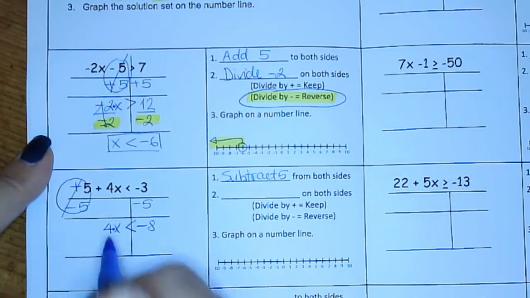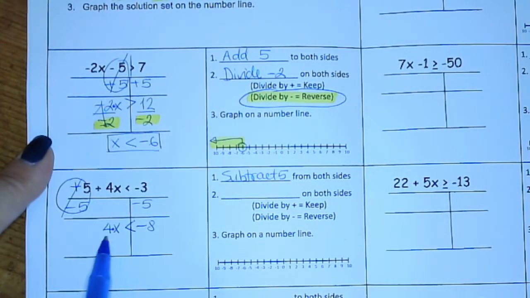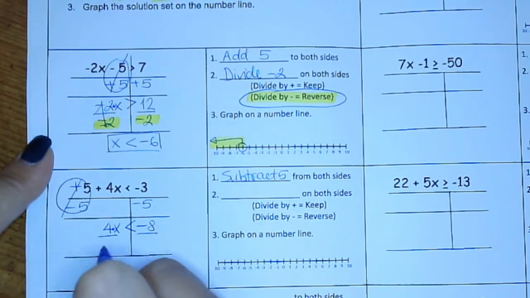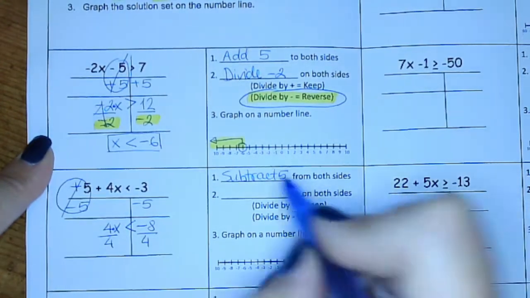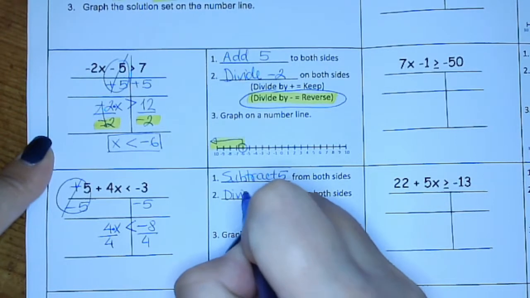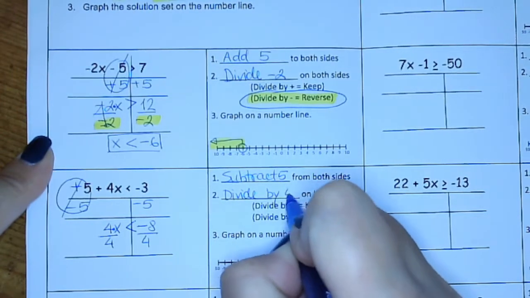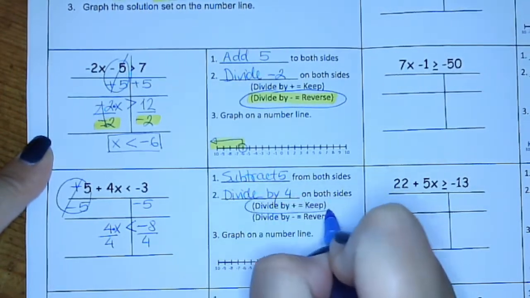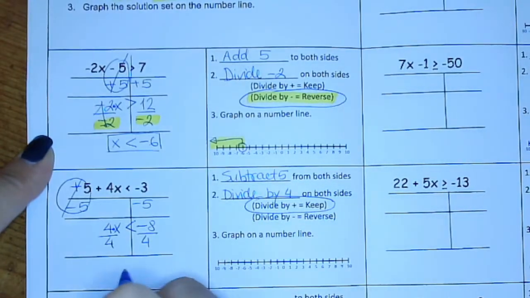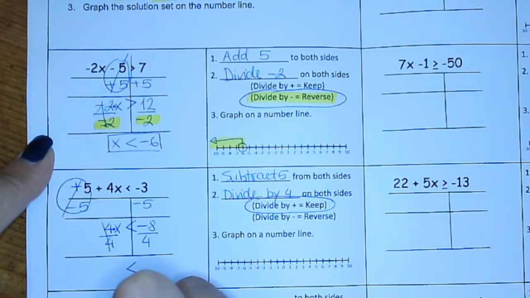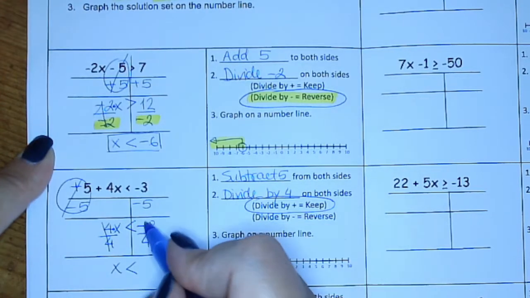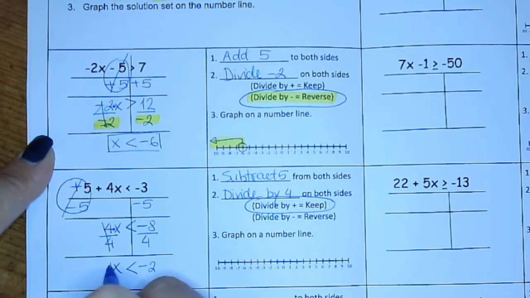4x is multiplication of 4 and x. Positive 4. We divide by positive 4. Dividing by positive is keeping the inequality symbol the same. Negative divided by positive is negative 2.